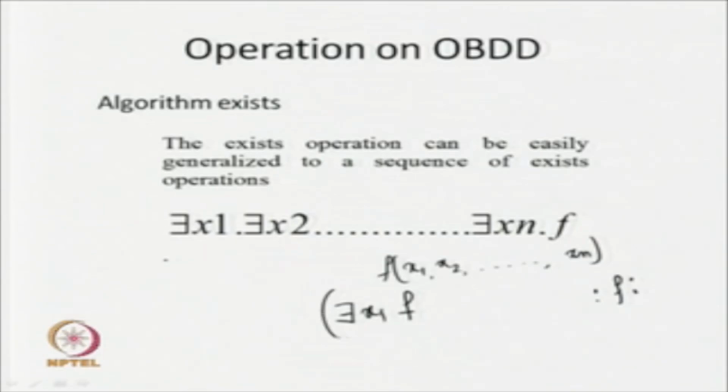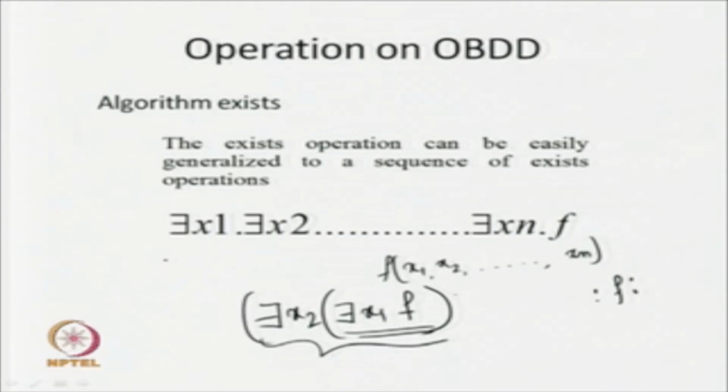Now, what will happen to this particular function? Again I can put a relaxation on the second variable x 2. That means, whatever resultant function I get, I am going to put another relaxation on x 2. So, again I am going to get another Boolean function. Again I can put a relaxation on this particular Boolean function, say on the third variable x 3.